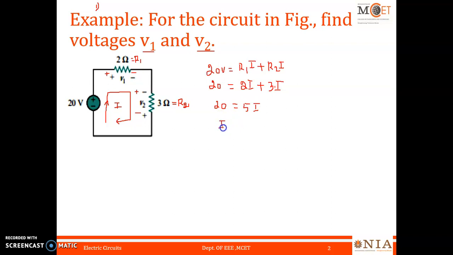Now I can find the value of I. I equals 20 divided by 5, which is equal to 4 ampere.